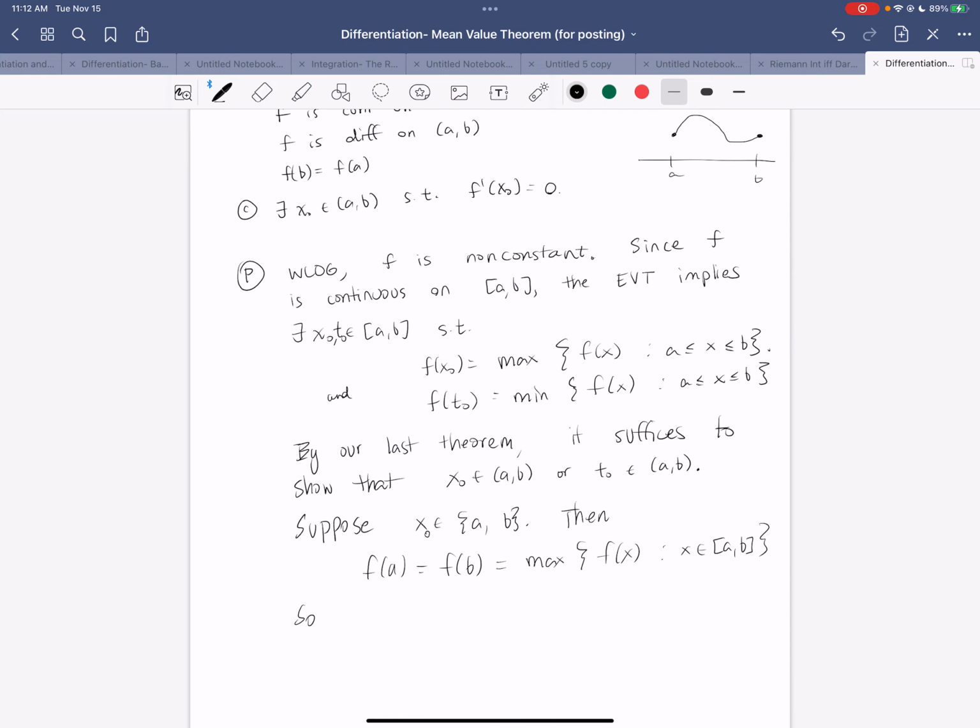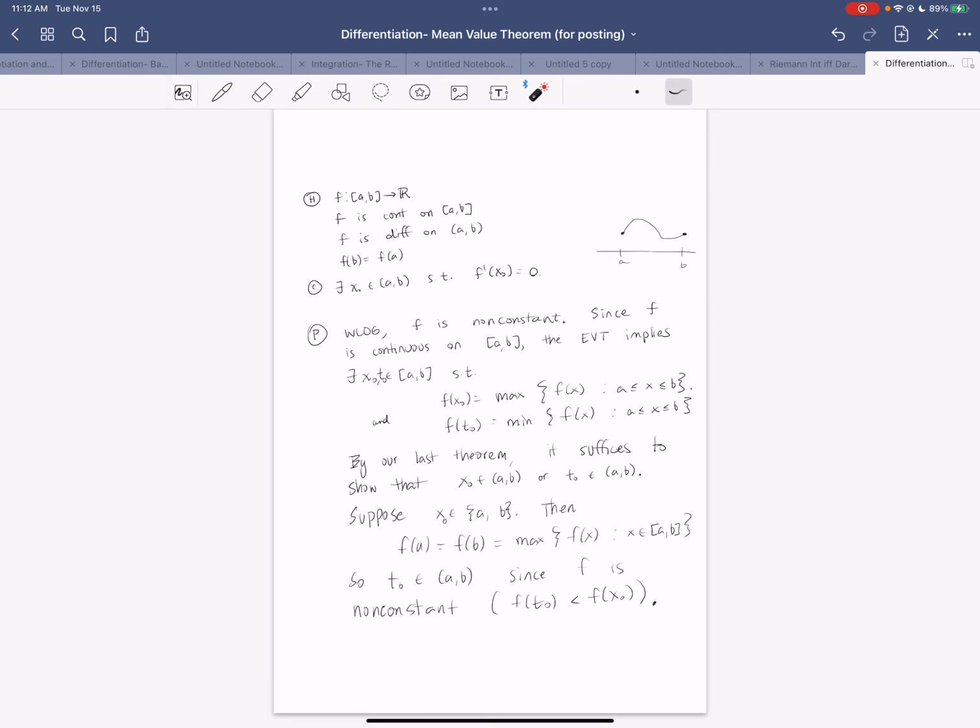So since f is non-constant, that means that t naught has to be in here, because that implies that f of t naught is strictly less than f of x naught, right? So t naught is in here as desired, right?